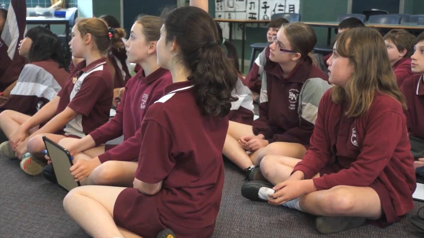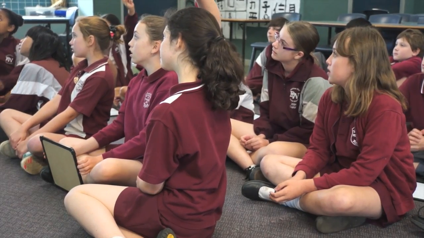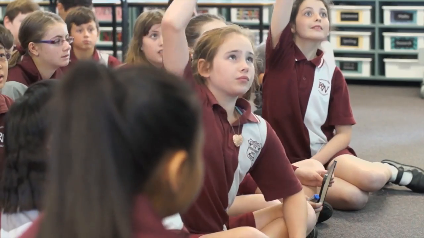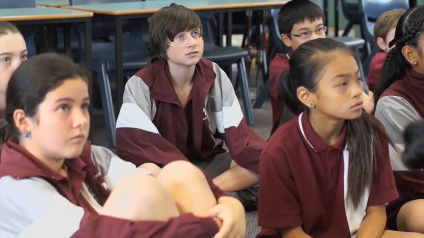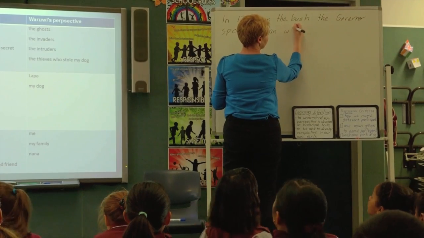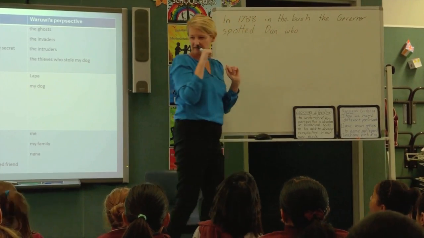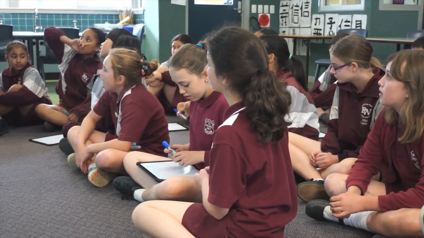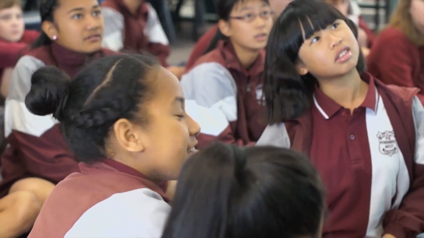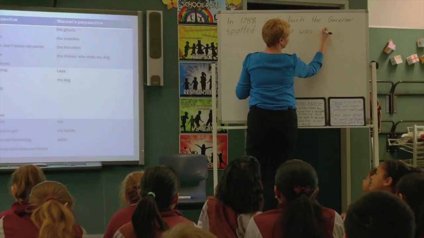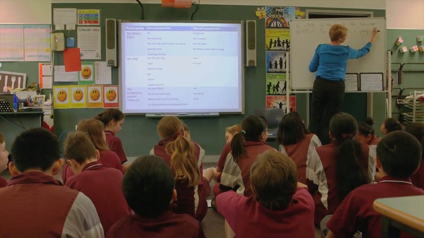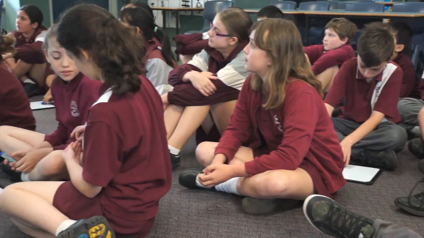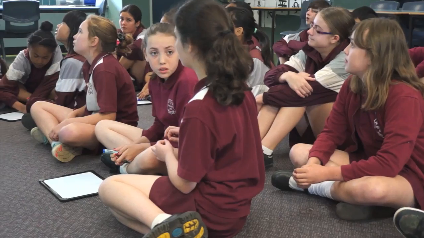I put Dan, but what can we do after Dan to say who Dan is? The young settler. Was he a settler? He was a young British boy. Are we having a boy?